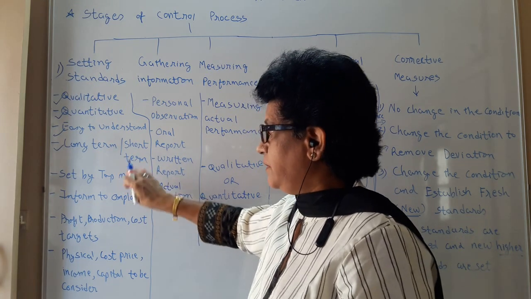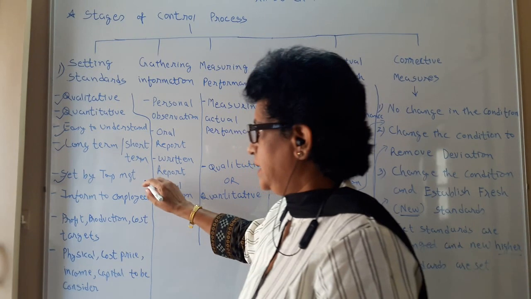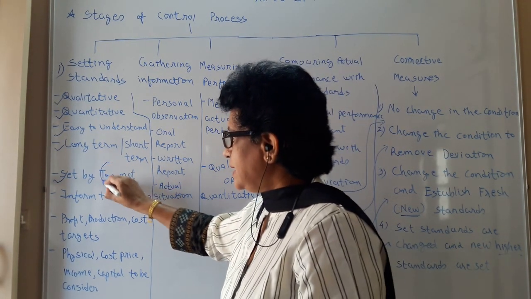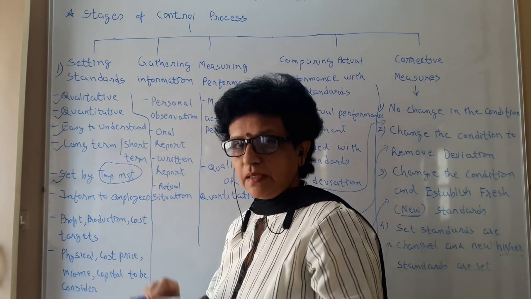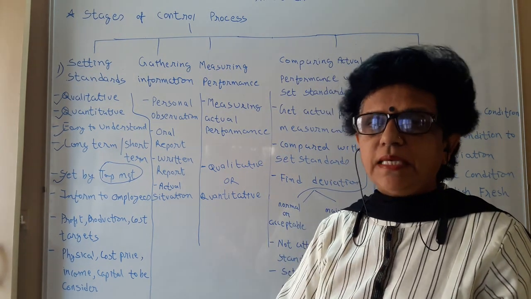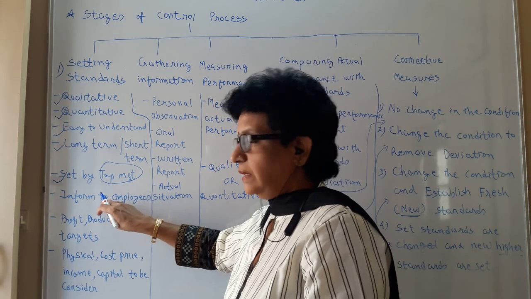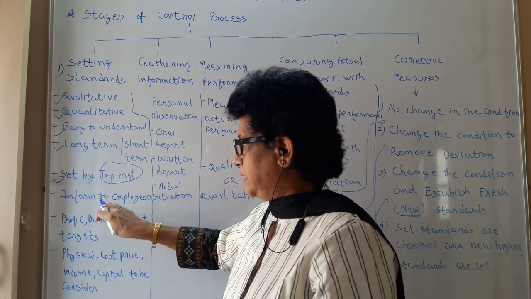Standard must be clarified. Your standard must be set by the top management. So top management has an idea of what they are expecting, but such expectation must be properly communicated to the subordinates, to the second level, middle level and bottom level management.